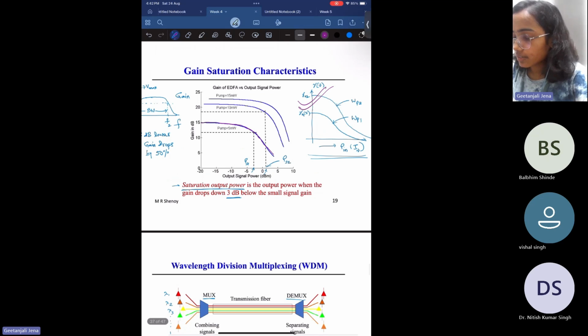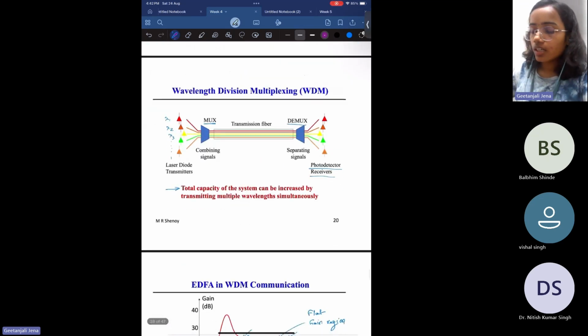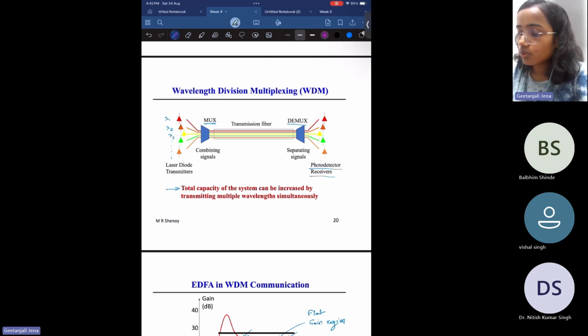This is the schematic of a wavelength division multiplexer. Multiplex means it will allow the propagation of different wavelengths simultaneously and effectively. It's not like some wavelengths are coupled more than the others.